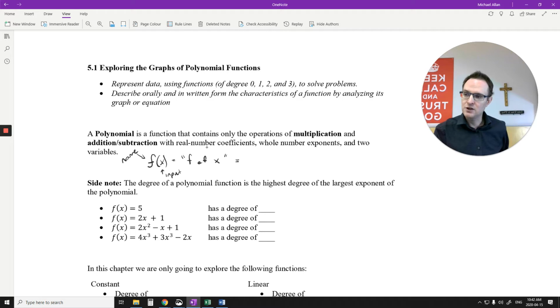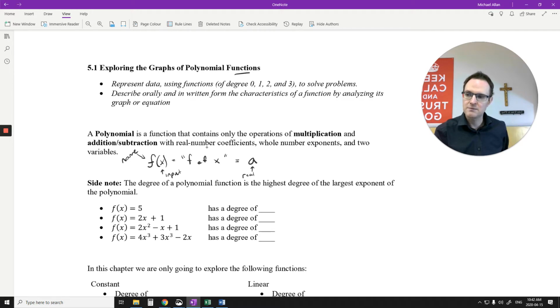Now, to make sure that this function is a polynomial, because we're talking about functions here, you're going to only have your coefficients, the numbers in front. So like in these examples down the bottom here, your coefficients, we'll just call that a. This kind of number could be any number you want it to be.